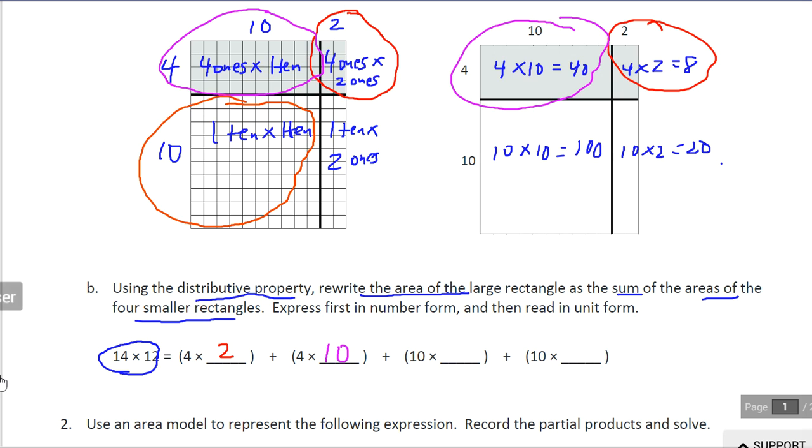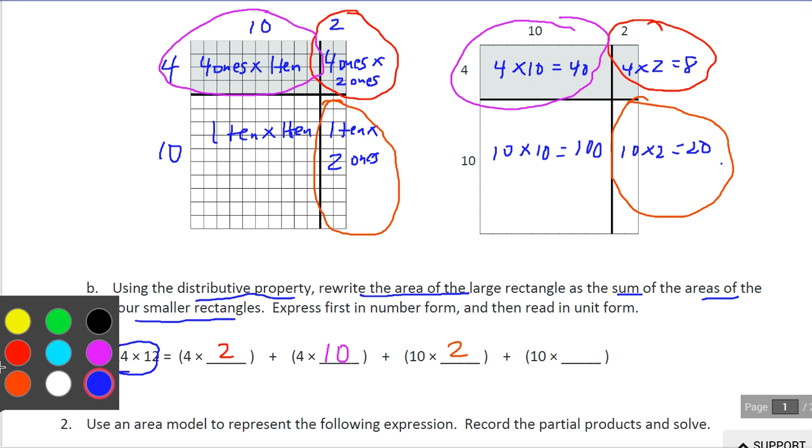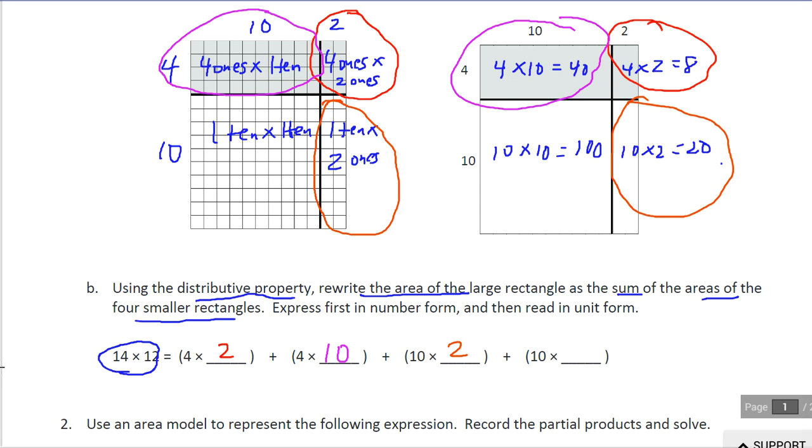Actually, we should look at the other box first. This box here, which is 10 times 2. And then lastly, we're going to look at the big box here, and that's going to be 10 times 10.